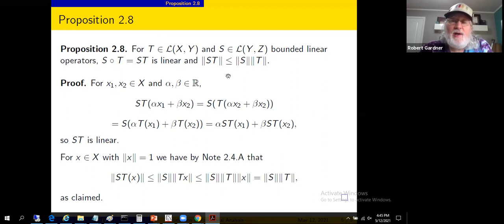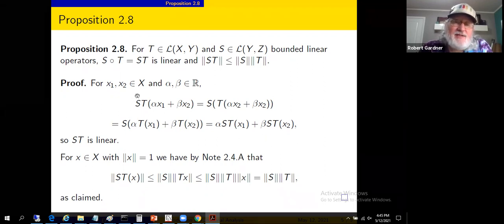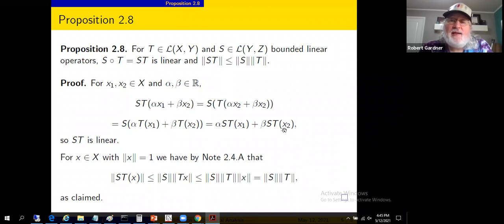S is linear as well. So when we apply S to the linear combination, you get the linear combination of the S's. The S's and the T's get together and you've got the little composition again. So we've taken this and applied it to a linear combination and got a linear combination involving the ST. That is, ST, S composed with T, is also linear.